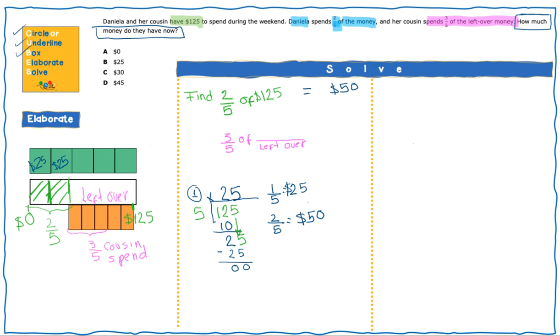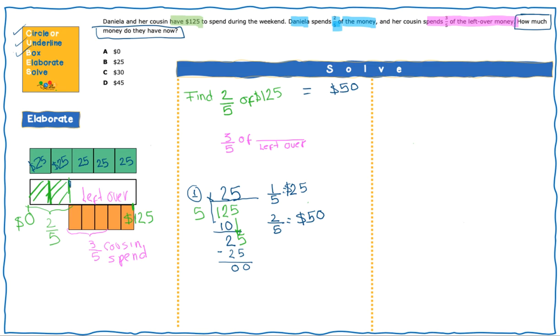Awesome. Okay, so now the next step that we have to do is to figure out how much money is the leftover money. So we already figured that on each of these pieces there are $25. Great. So if I look at this picture, how much money is the leftover money?